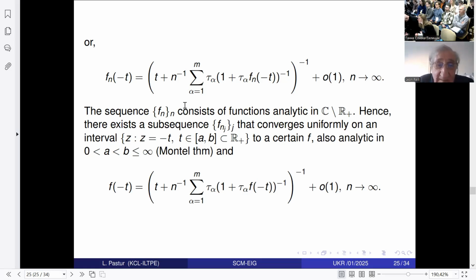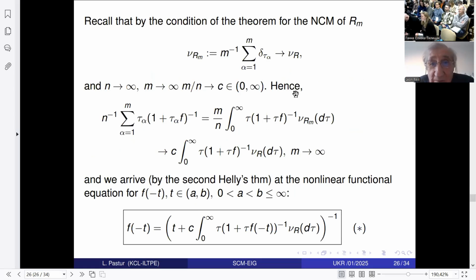And I have this formula, yes? In that formula, we can recall the definition of the counting measures of tau alpha. By recalling this definition of that nu Rm, you can rewrite this relation in this form. Here is the definition.